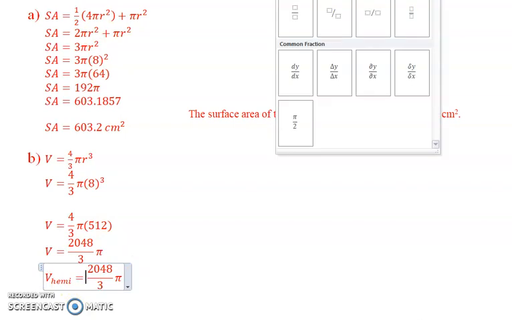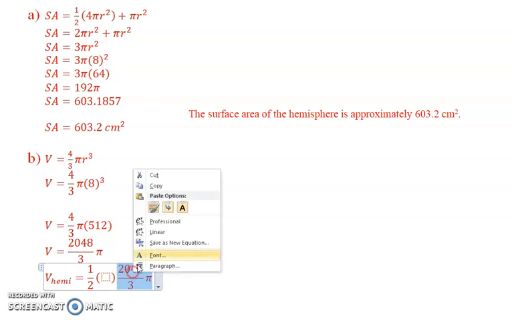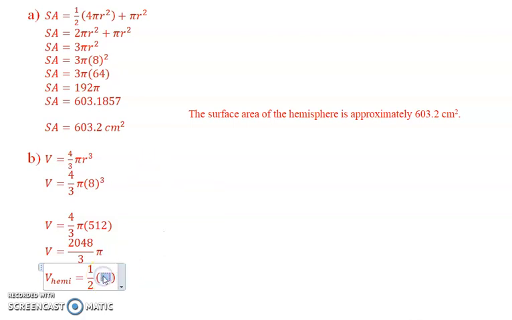So insert a fraction, we'll take half of that. This could be brackets. So that's going to equal pretty much the same thing, only now we multiply the denominator, so you get 6.